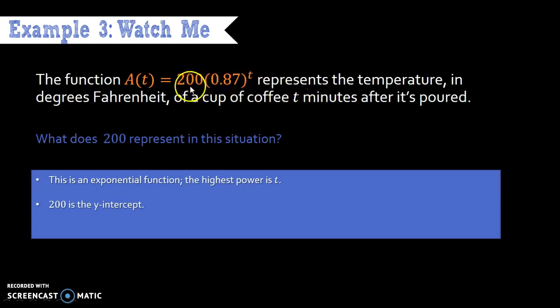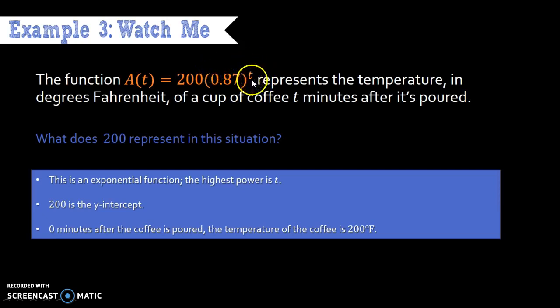200 is in the place of our y-intercept. That means that if I put a 0 in for the t, 0 minutes after the coffee is poured, the temperature of the coffee is 200 degrees. So again, the way that we get the 200 is if I put a 0 in the place of t, this entire part right here where I'm hovering is equal to 1, and 200 times 1 is just 200.